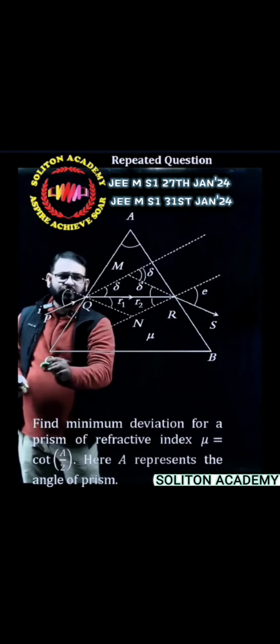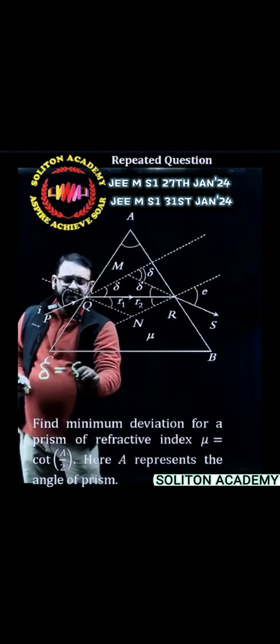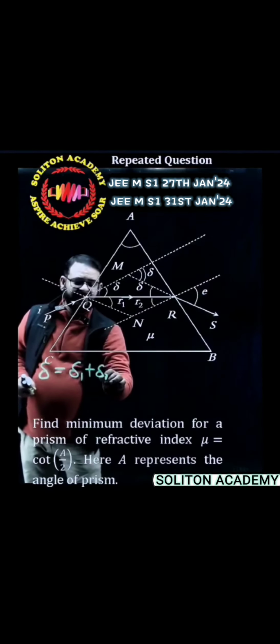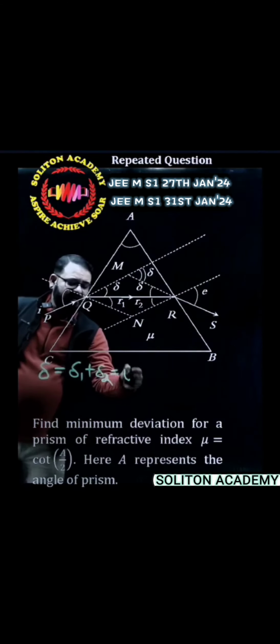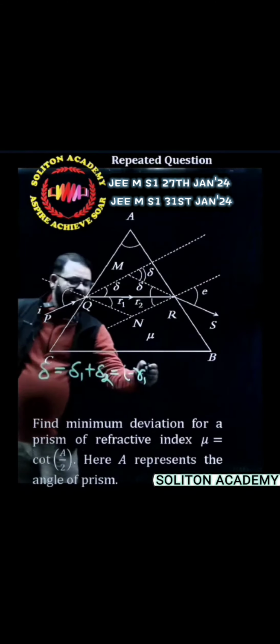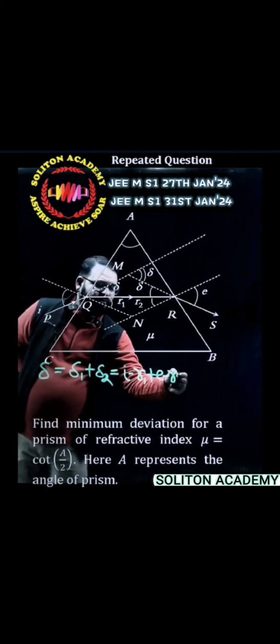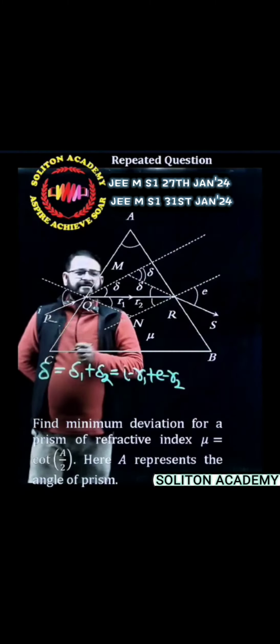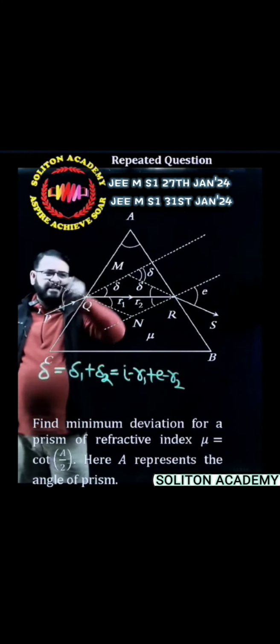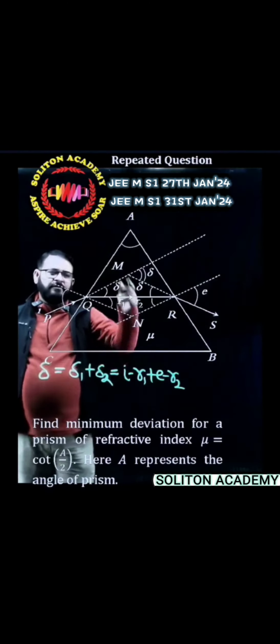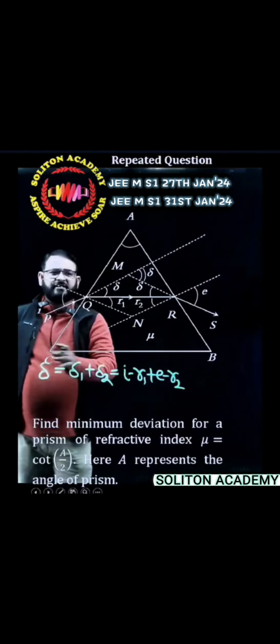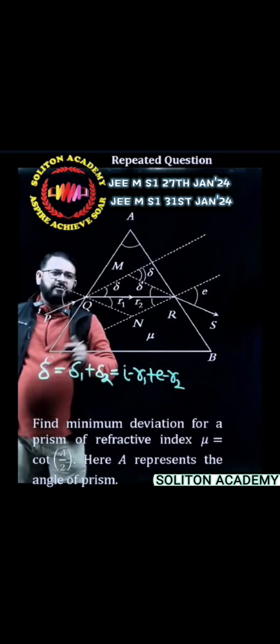As you can see, the total angle of deviation is given by delta 1 plus delta 2. These are the deviations from two interfaces, and we can clearly see these are i minus r1 and e minus r2. Now you can notice that since angles AQN and ARN are both 90 degrees, and AQNR makes a quadrilateral, with two angles 90, the rest of the two angles sum to 180.